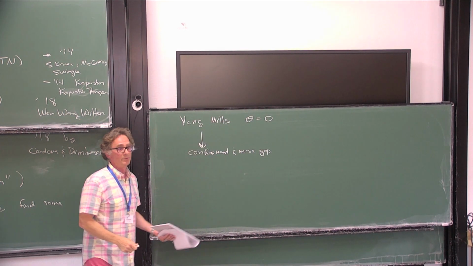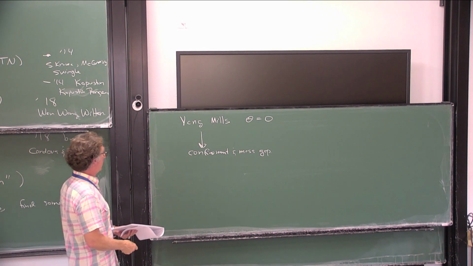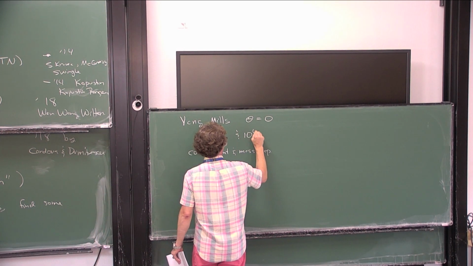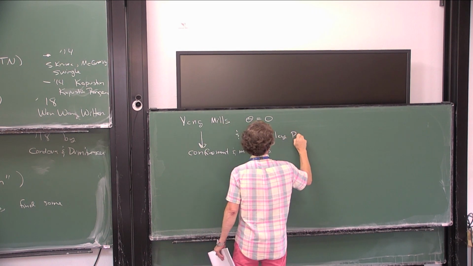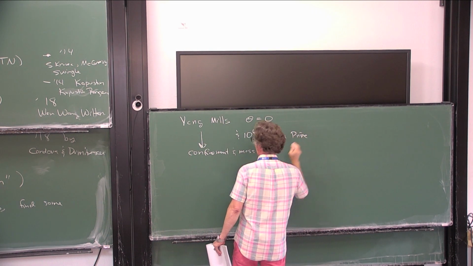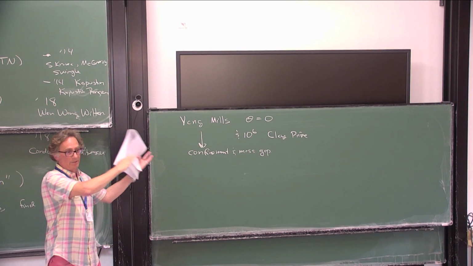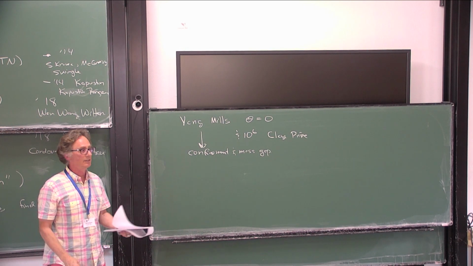We know from symmetry arguments that if theta equals pi, it might do something slightly more interesting. And this is the $1 million Clay prize. This Clay Prize is still unclaimed because we don't actually know how to show it directly, but this is what our guess is.